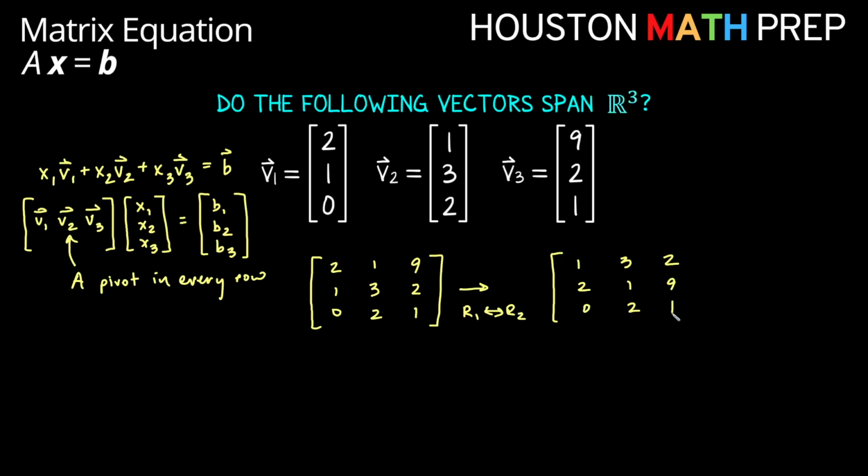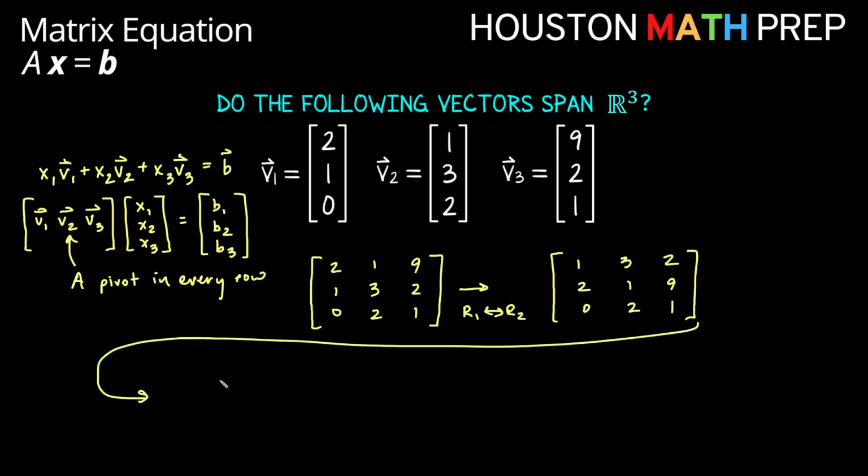Now I just need to reduce this 2 with my 1. We'll go ahead and do that down here. And so we will take row 2, will be the one we change, and we're going to subtract 2 copies of this 1 to give us a 0 there. So it'll be row 2 minus 2 copies of row 1.